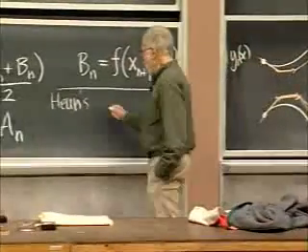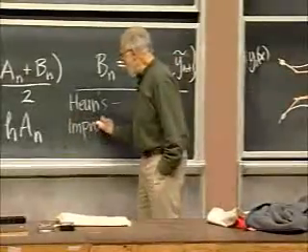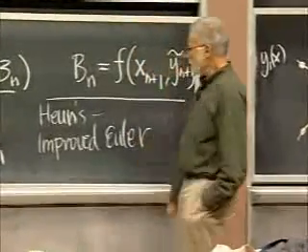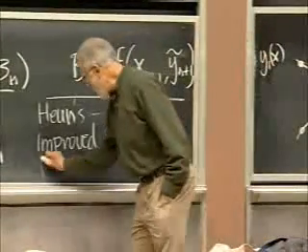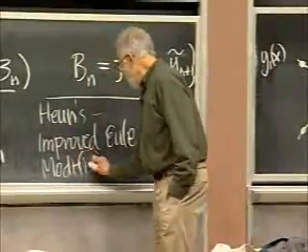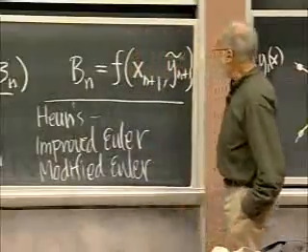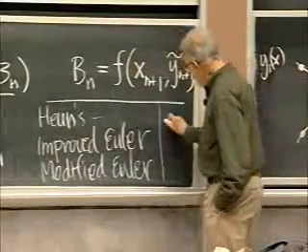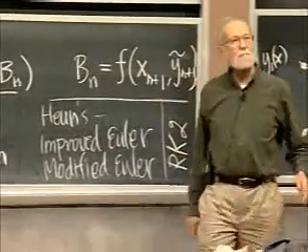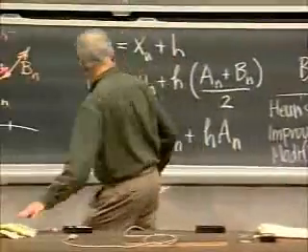It's called also the improved Euler method. It's called modified Euler, very expressive word. Modified Euler's method. And it's also called RK2. I'm sure you'll like that name best. It has a Star Wars sort of sound to it.